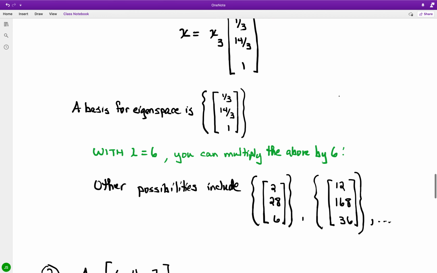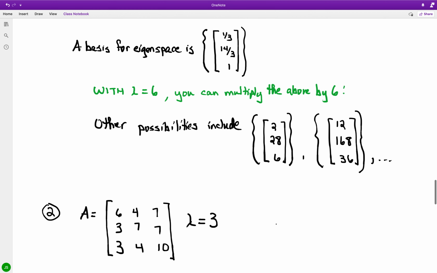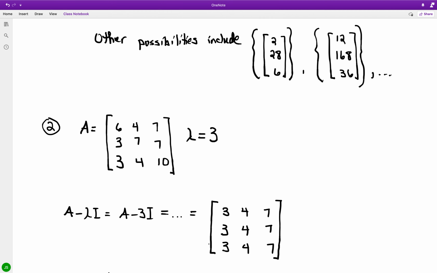Now, another situation where we look for a basis for an eigenspace: say A consists of the rows 6, 4, 7; 3, 7, 7; 3, 4, 10, and the eigenvalue is 3. If I set up A minus lambda I, we get the same values along each row: 3, 4, 7; 3, 4, 7; and 3, 4, 7.